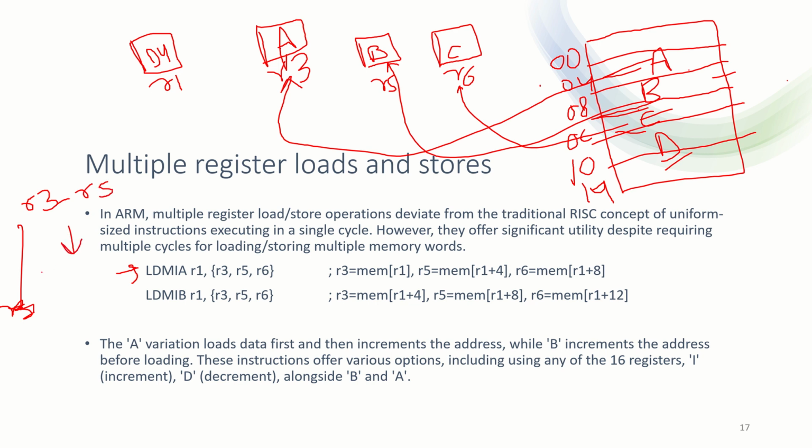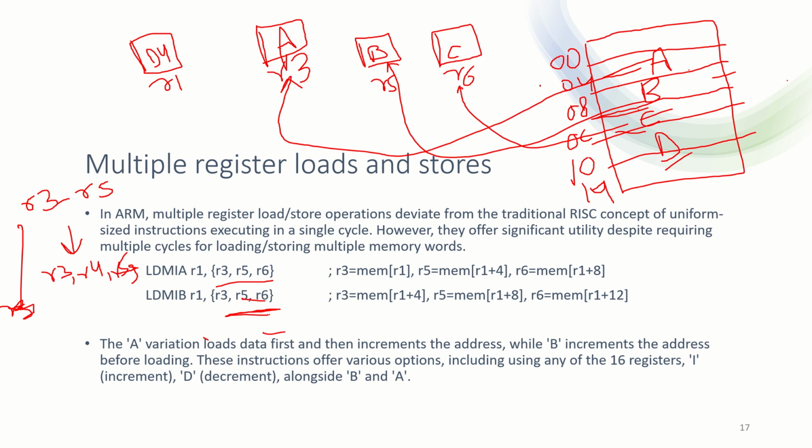This will mean R3 comma R4 comma R5. That will be the meaning of this. If I write R3 dash R5, so you can write like this, or you can write in the discrete way like we have written here: R3, R5, R6. So this is the LDMIA.